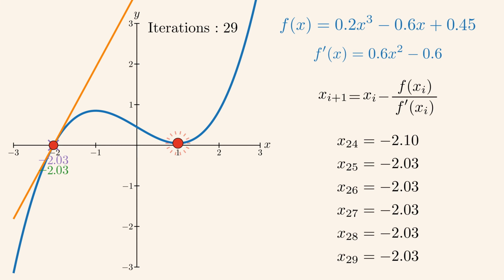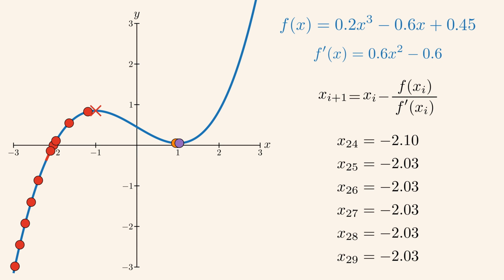The reason we struggled this time was because of the minimum point. When we start from values near it, we tend to get pulled toward that point, which makes us look stuck. However, there is a maximum point as well.